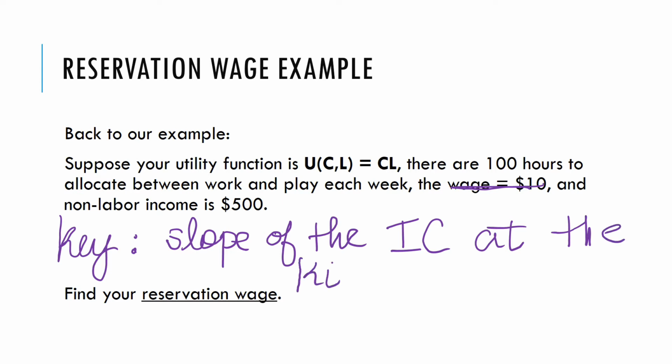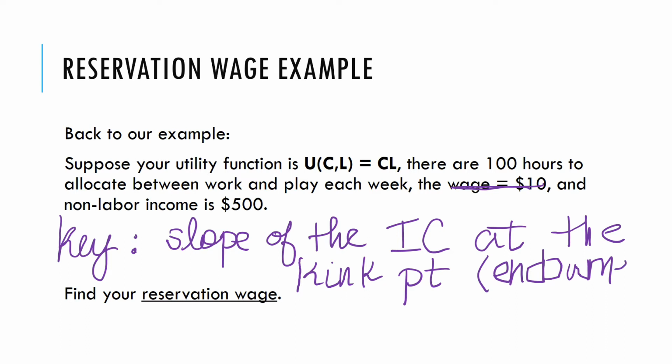The kink point is also known, by the way, as the endowment point. And in our example, the endowment point is going to be the 100 hours of work and the $500.